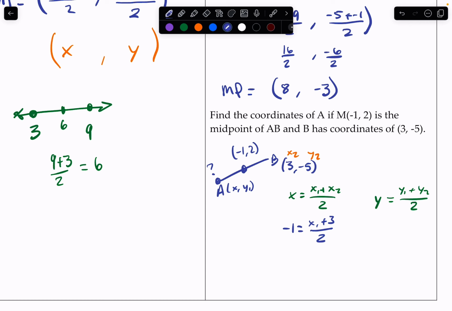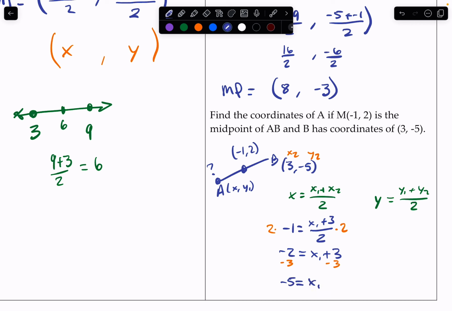Of course, at this point, I could multiply both sides by 2. Just do a little bit of algebra here to solve this. That's going to give me -2 equals x1 plus 3. Subtract 3 from both sides, and we get our x value of that point: -5 is equal to x1.